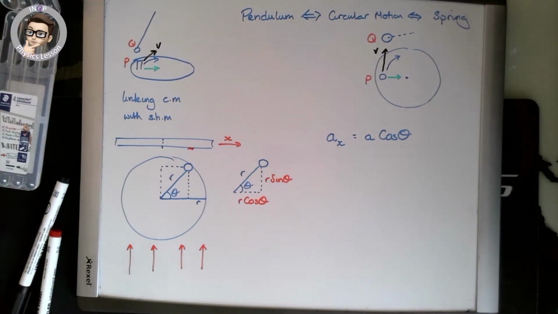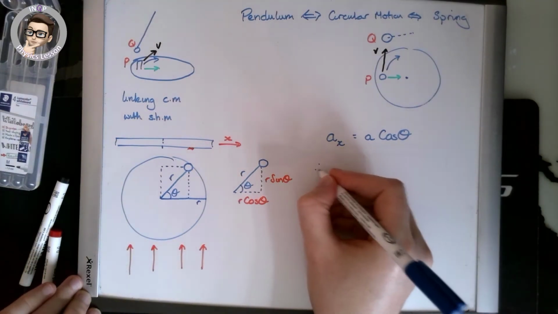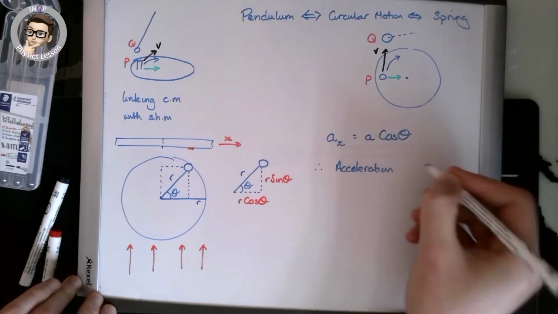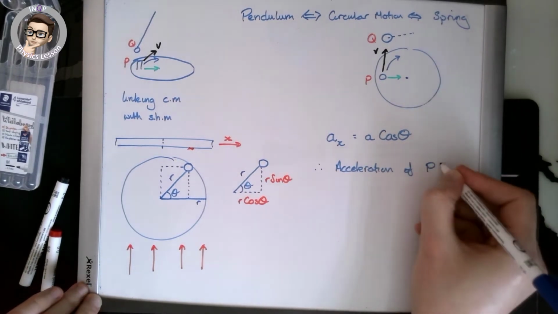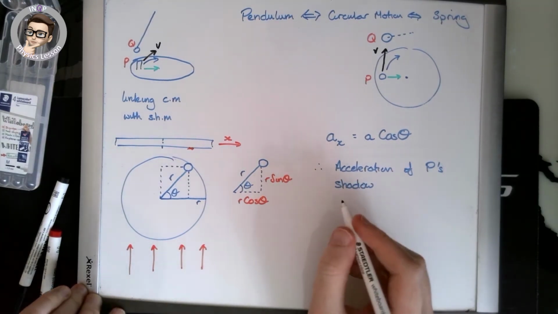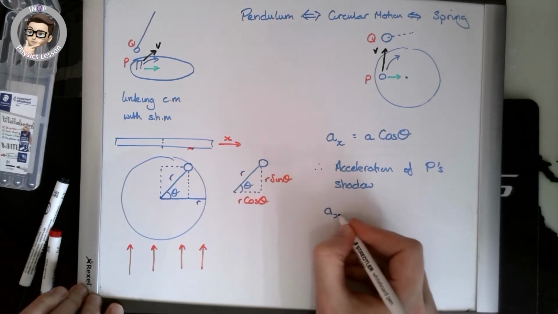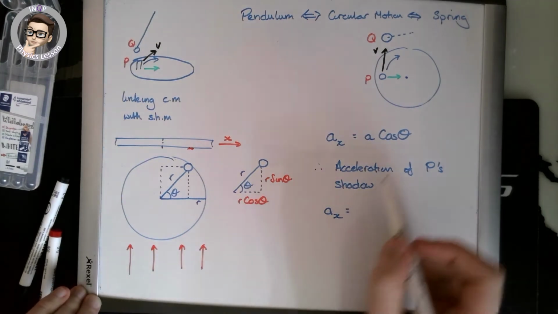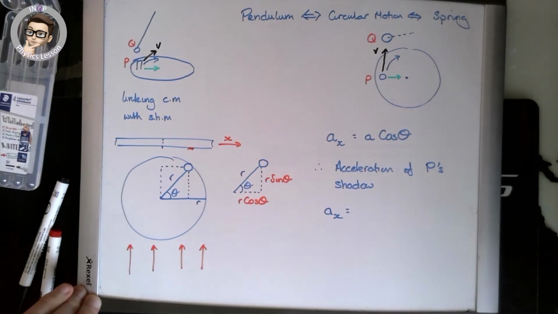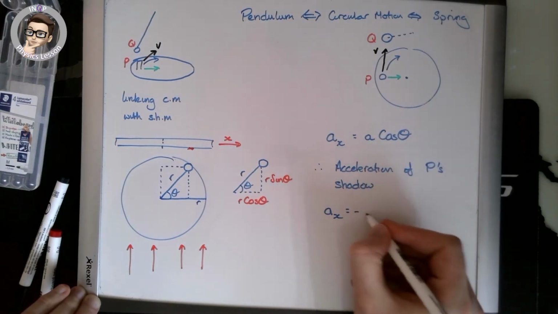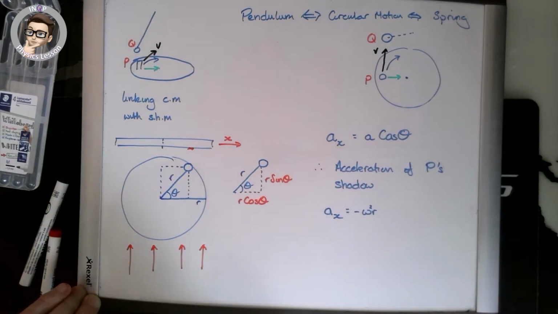So therefore we can say that our acceleration of the ball's shadow, so of P's shadow, because that's really what we're talking about here, is going to be a subscript x. So we're talking about the x direction. Now we're using the fact we know what a is from the previous bit of work we did. So we said that a was minus omega squared r.